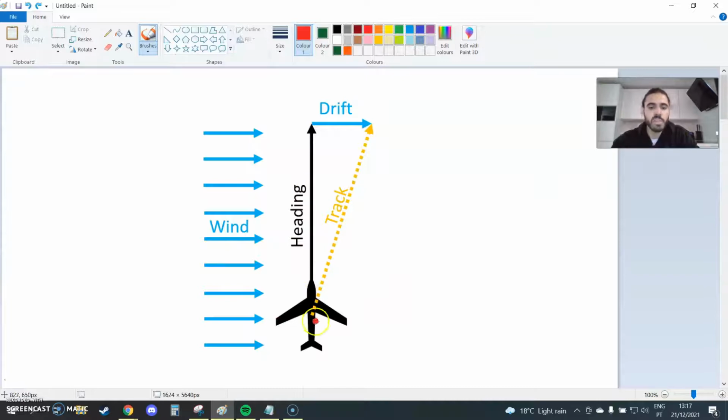So despite heading this way, despite pointing this way, the aircraft is actually going that way over the Earth's terrain. He's pointing this way, but he's actually going to this track due to wind.